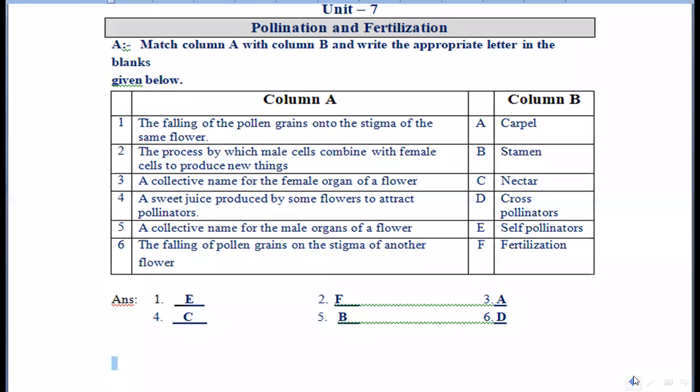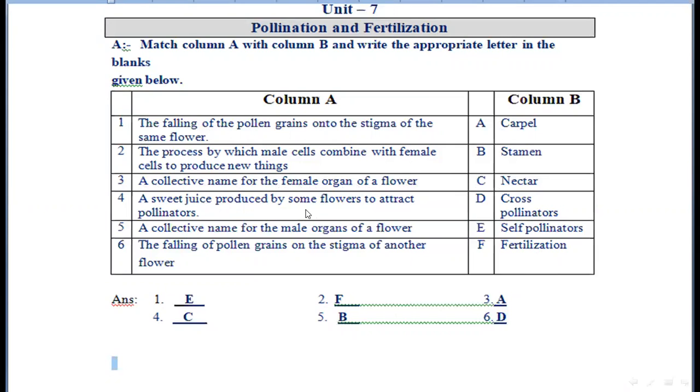I hope you understand. So now revise the exercise, match column A with column B. The falling of pollen grains onto the stigma of the same flower is called self-pollination. The process by which a male cell combines with a female cell is called fertilization. A collective name for the female organs of a flower is carpel.